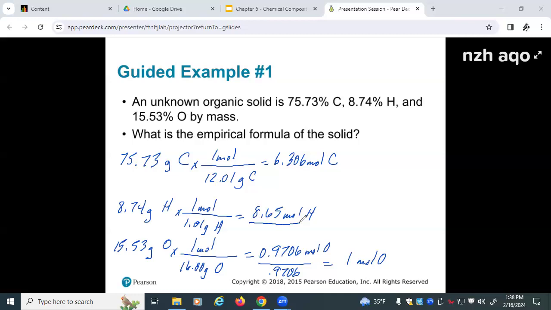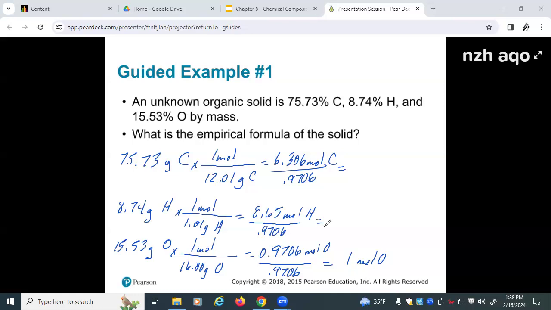Now, general rules of algebra tell me that if I do something to one item, I need to do the same thing to all of the items so that it stays even. So I divided the bottom by 0.9706. I need to divide all of them by 0.9706.